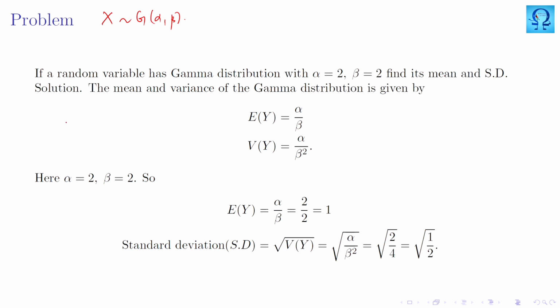Suppose you are using the alpha beta form, your mean would be 4, and your variance would be alpha beta square, that would be 8. Whereas using this, what we get is alpha upon beta and alpha upon beta square. Here we just calculate the requirements and find them out.